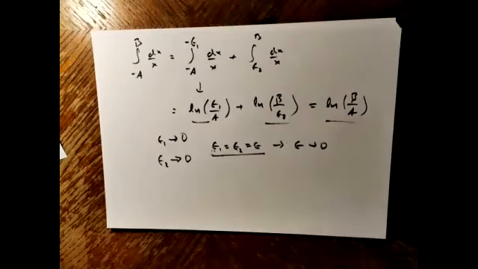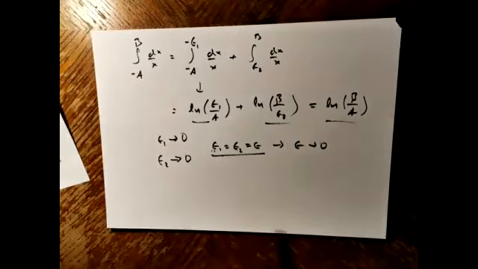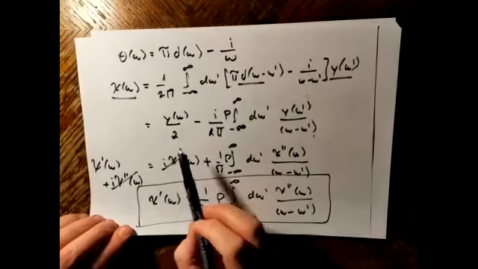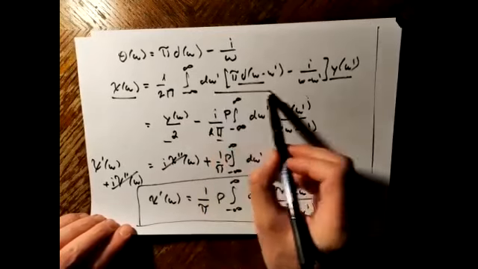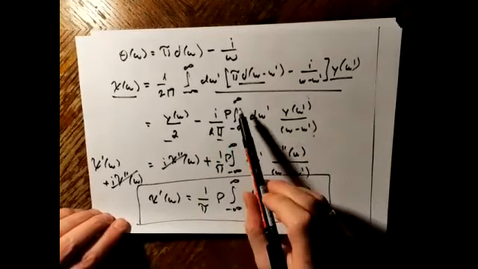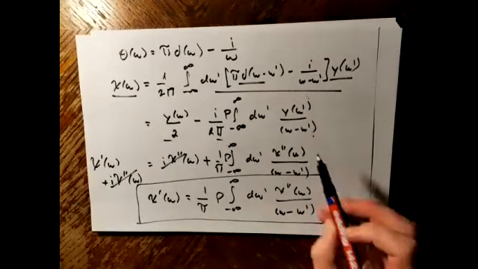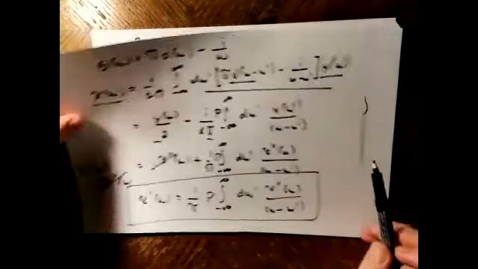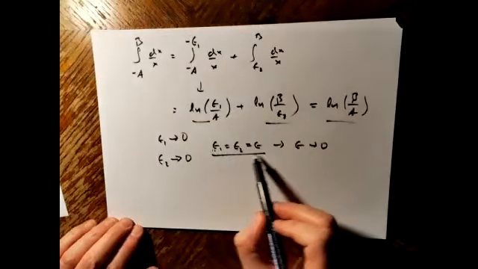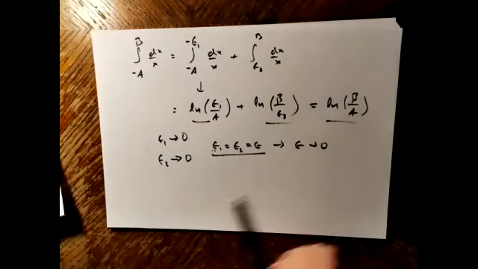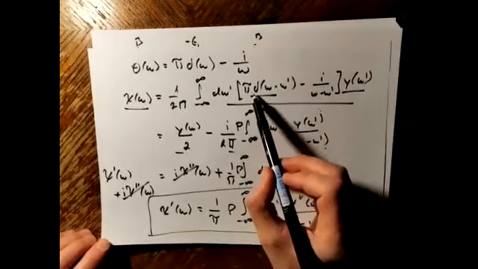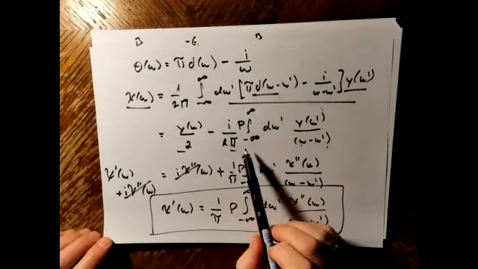So this is what we mean by the principal value. This is the formula that we arrived at. When we do this integral, we have to be careful that there's going to be a singularity, omega minus omega prime, and we have to do it so that the integral is convergent. The singularity we already took care of, because it gives us this delta function.